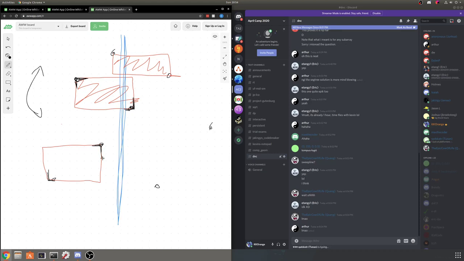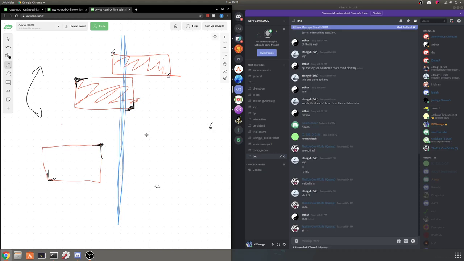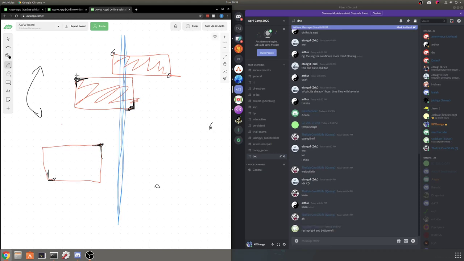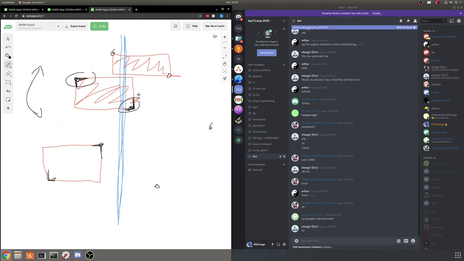So like that. Okay, so now that we've said that, we can just assume all of the points are on the top right and bottom left. And by top right and bottom left, I actually mean top left and bottom right, I think.